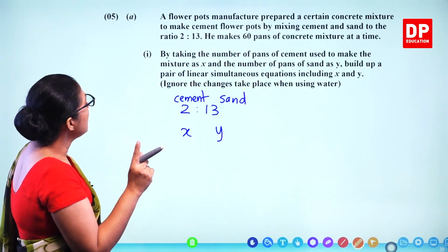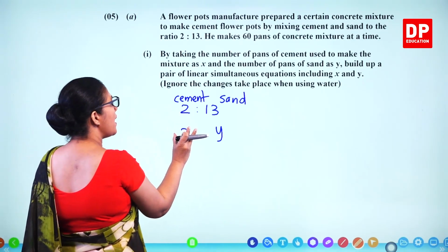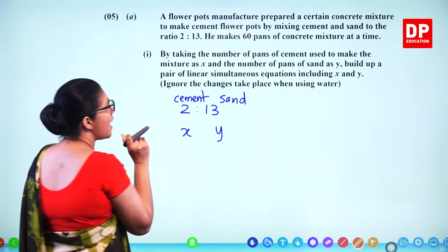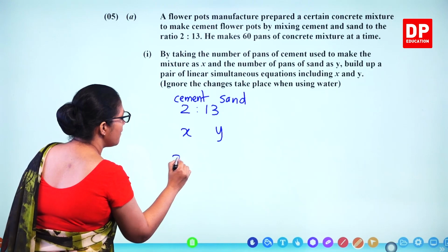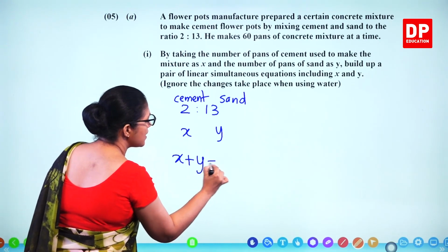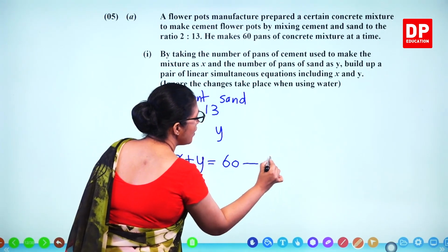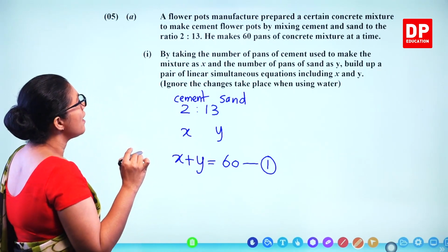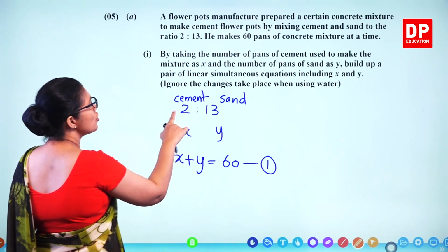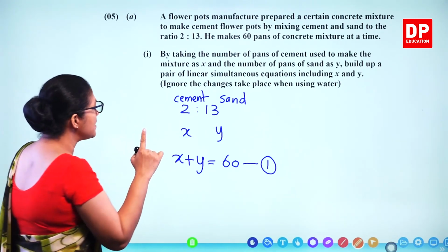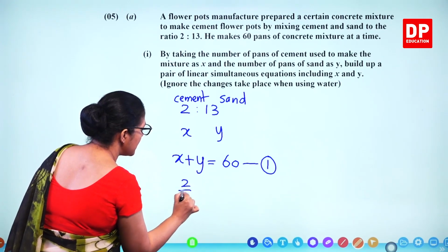So what's the total? Think about cement pans X and sand pans Y. So the total is 60. So you can write X plus Y equals 60. That's one equation. What about the other one? So 2 to 13 ratio. The ratio between cement to sand is 2 over 13 here.